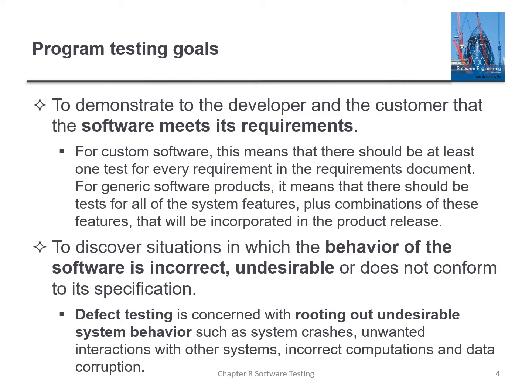So this is what I mentioned just now: when you build a system, you want to make sure that you are developing what has been agreed in the requirements, the functionality and non-functionality requirements. You have to ensure that these are being met. On top of that, the second purpose of testing is to discover situations in which the behavior of the system is incorrect.